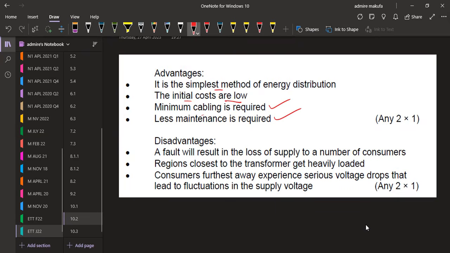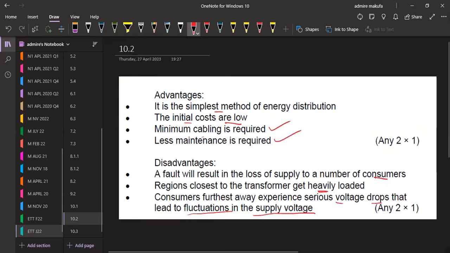A fault can result in loss of supply to a number of consumers. Regions closest to the transformer get heavily loaded. Consumers furthest away experience serious voltage drops that lead to fluctuations in the supply voltage.